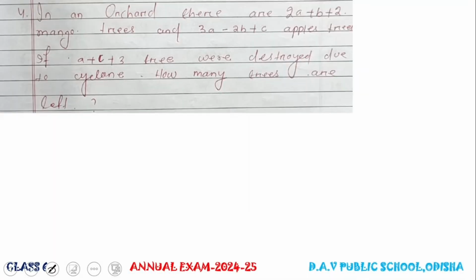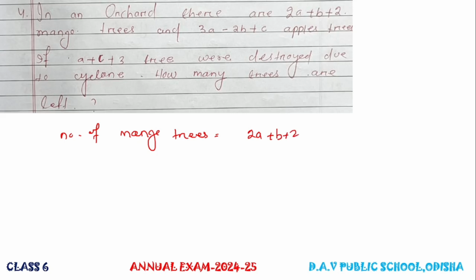In an orchard, there are 2a plus b plus 2 mango trees. The number of mango trees equals 2a plus b plus 2. And the number of apple trees equals 3a plus 2, minus 2b plus c. Now a plus c plus 3 trees were destroyed.